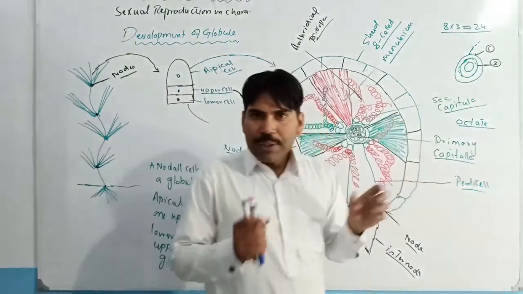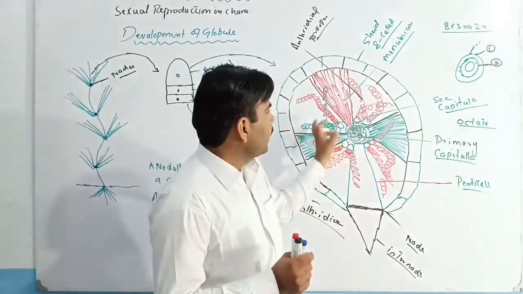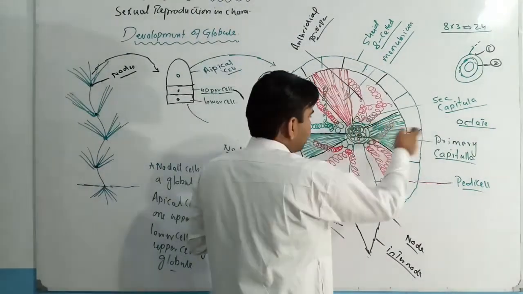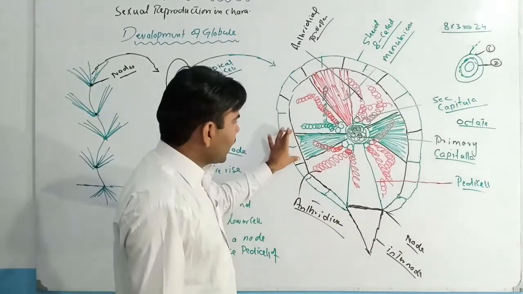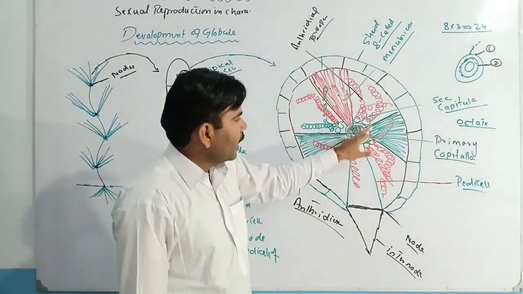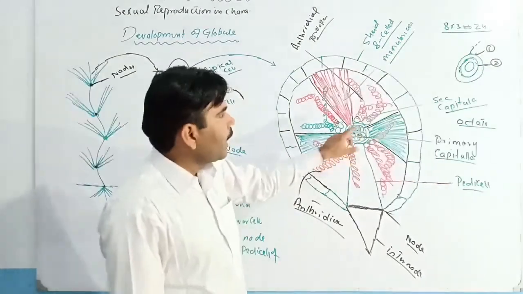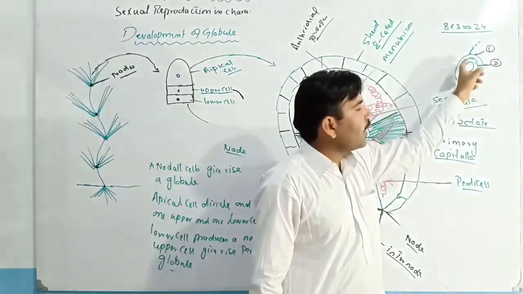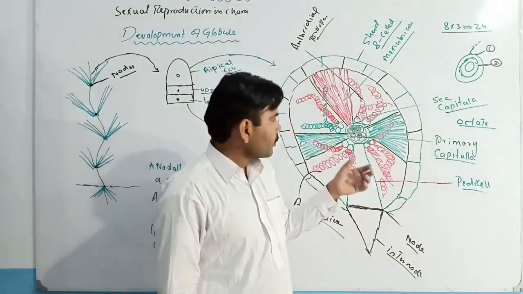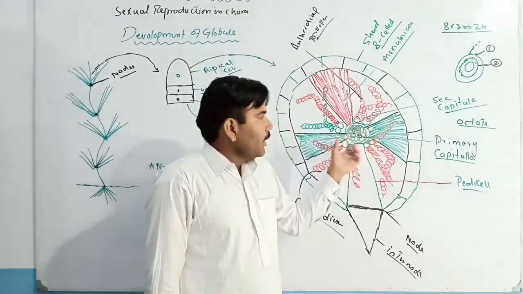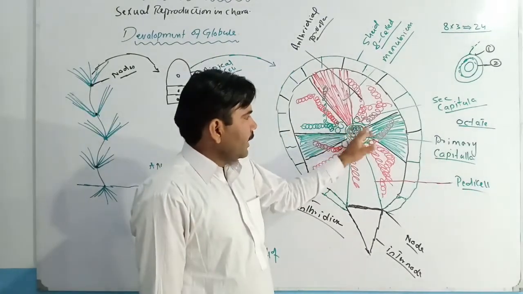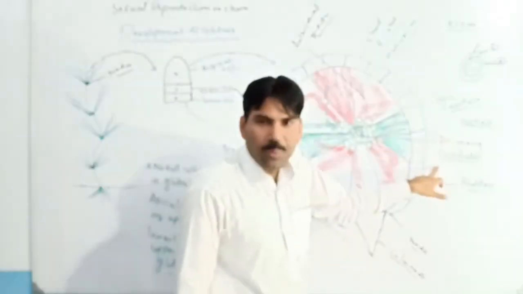Then the middle layer gives these structures, which are known as manubrium. Basically, these are attached on one side to the shield and on the other side to the primary capitulum. And the inner cells, which are totally inside this structure, will give rise to the primary capitula.